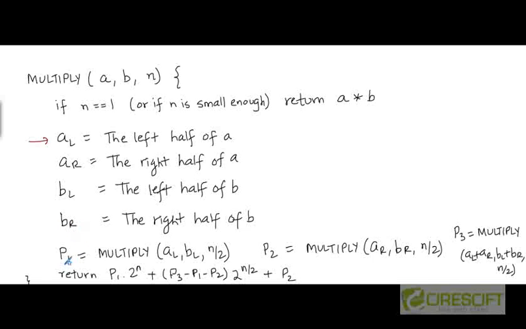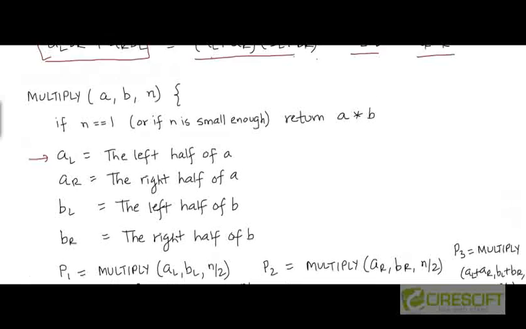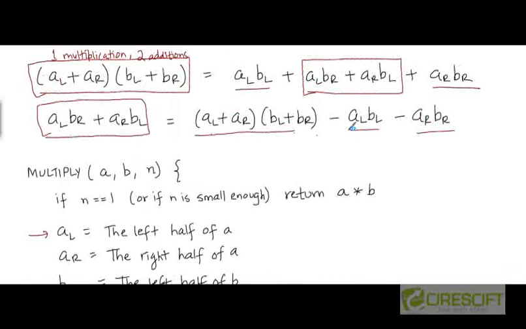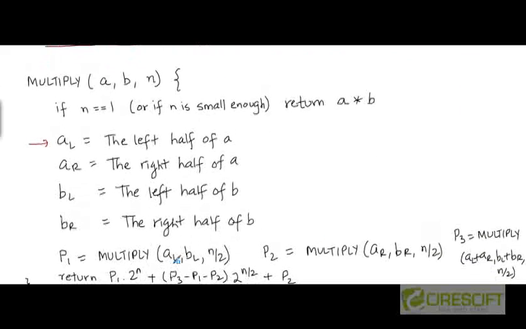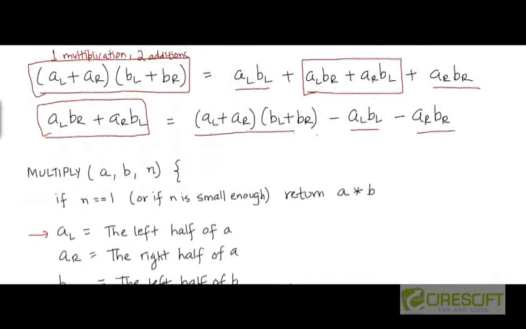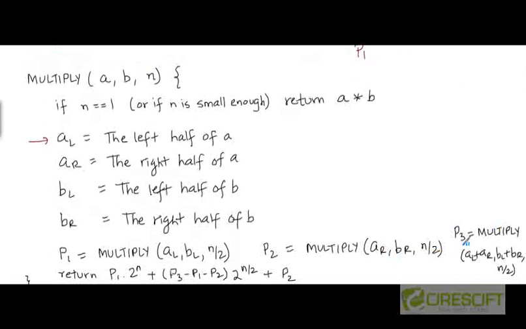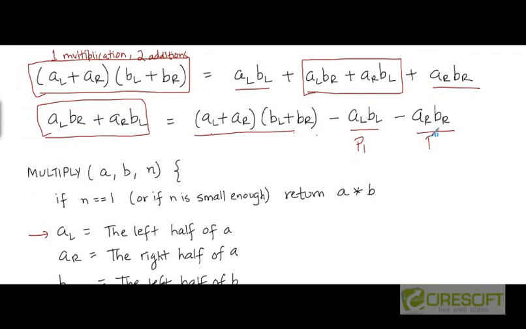Then we'll compute these three products, P1, P2 and P3. And these are the three products that we saw over here. P1 is A sub L multiplied with B sub L. This is the product that we are calling P1. P2 is the product of A sub R with B sub R. So this is P2 and this is going to be P3.